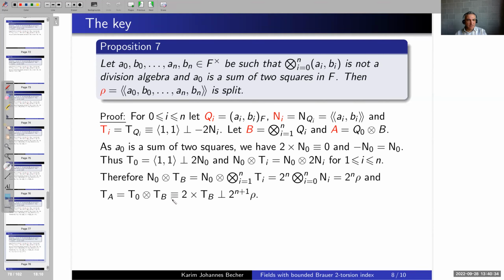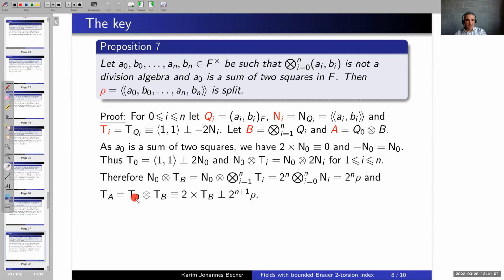Good. So up to Witt equivalence, I can plug this in here. So I get 1 times TB, that is 2 times TB, orthogonally seen this way. This is this bit times TB. And then I still have to multiply the 2N0 with TB. And 2N0 times TB we calculated here up to the scalar factor 2, which raises the exponent by 1, but we get this form here just from the previous side.